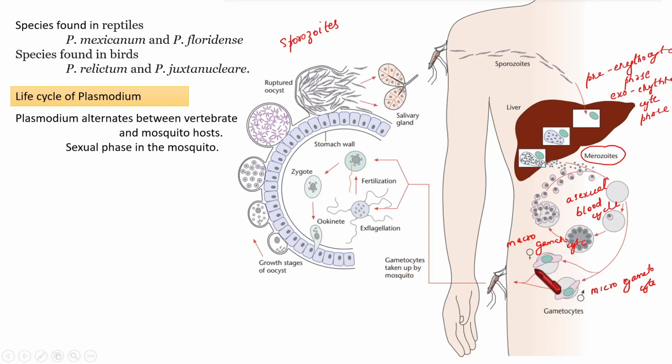In this form, when another mosquito comes and bites this host, then these two gametocytes can enter the body of this mosquito. And on entering the body of this mosquito, the microgametocyte multiplies and undergoes several rounds of division and assumes a flagellated form.